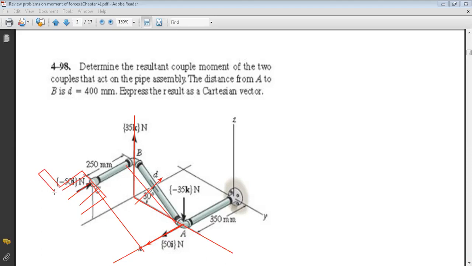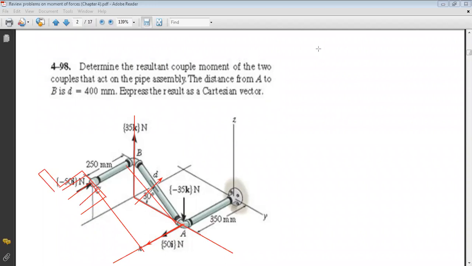Did you try to do it? Yes, doctor. Okay. While when you do the moment about Z, your palm will be in which plane? Your palm will be in a plane parallel to the X axis. So in this case, when you put your four fingers, it will be like this.